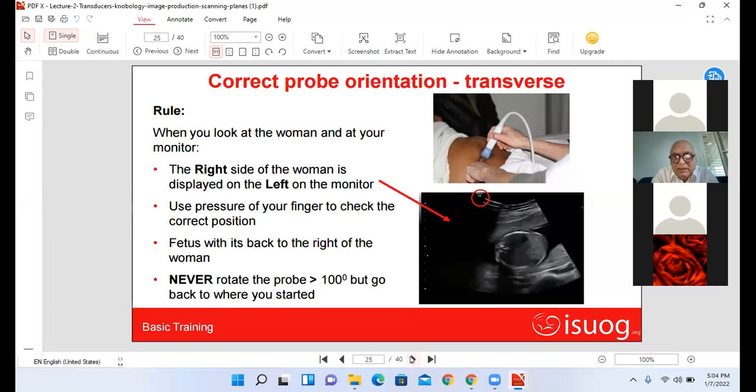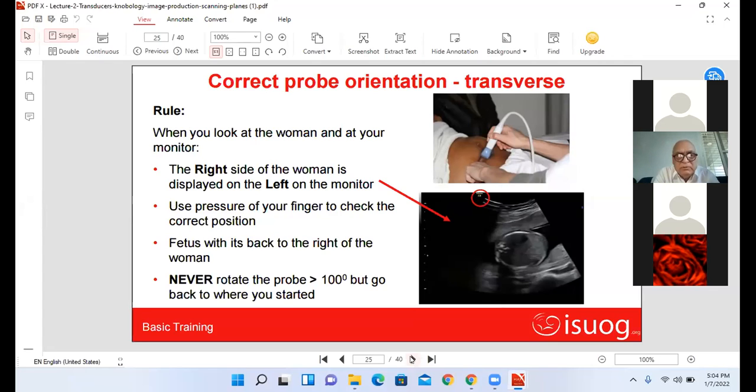When we are doing twins, we start with one twin and go through and complete everything about that specific twin without looking at the other one. Otherwise, the measurements are going to be wrong. We may measure the AC of the second twin. So we must not lose sight of the orientation. This is very, very important.